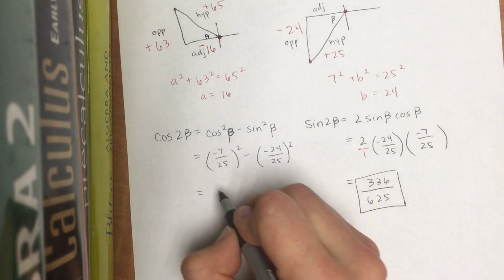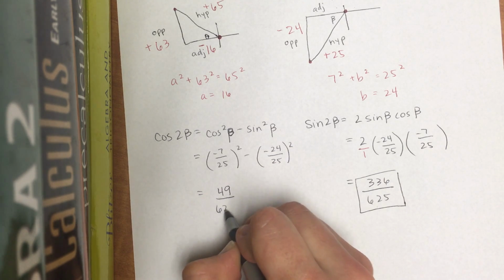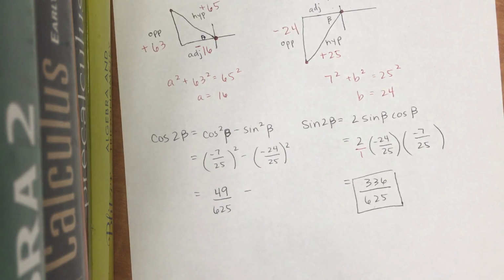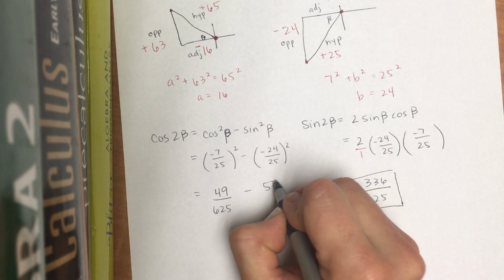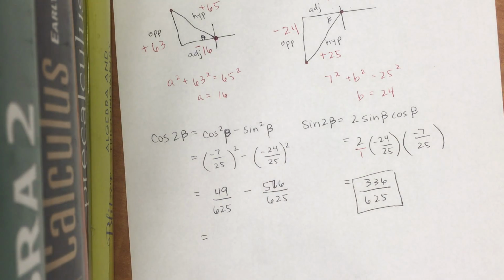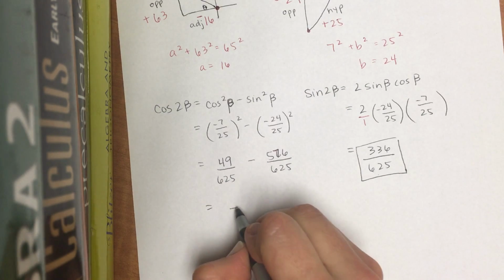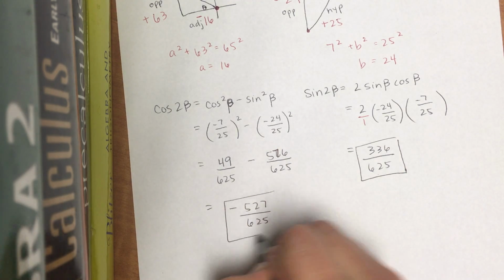Square everything. So negative 7 squared is 49 over 625. Negative 24 squared is 576 over 625. They have the same denominator, so I can subtract: negative 527 over 625.